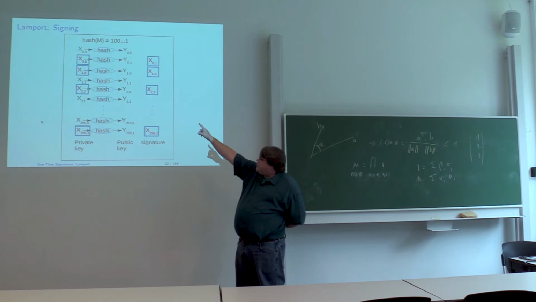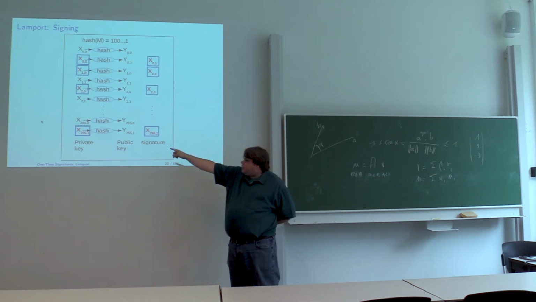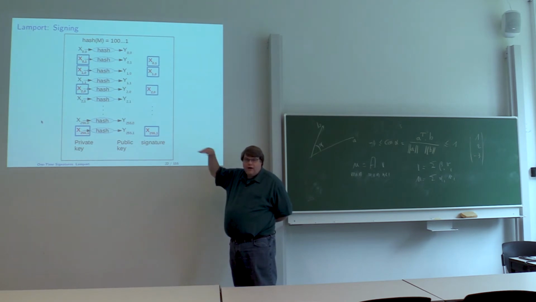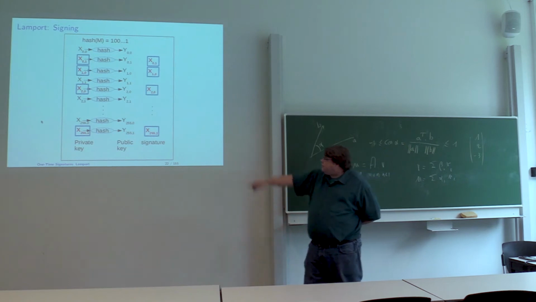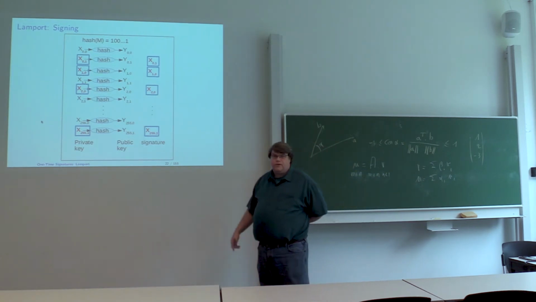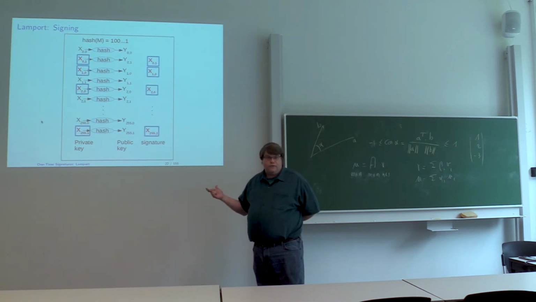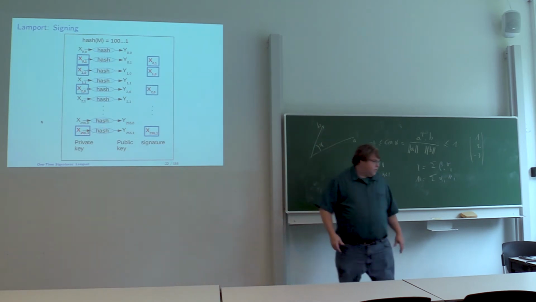I'm going to reveal the 0 entry for the second bit, the 0 entry for the third bit, and then the 1 entry for the last bit. I'm just going to go through the entire thing and do this. So the signature is going to be all these values outlined in blue. There are 256 random values that come out for a signature in Lamport, and they are the things that then you're going to hash back to check the signature.